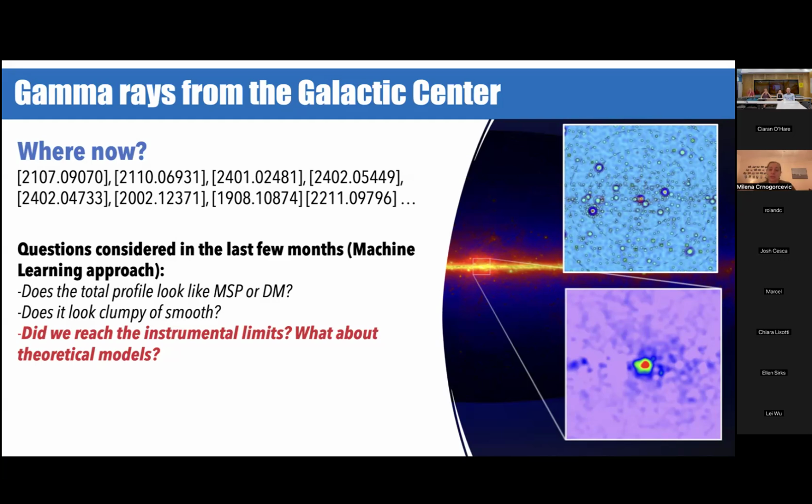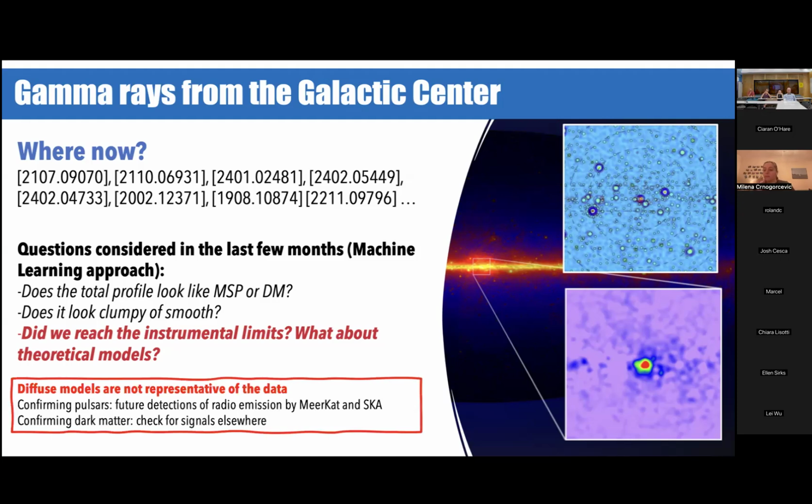So in addition to potentially reaching the instrumental limits of Fermi-LAT, we also have a really big problem when it comes to the galactic center excess, in that the major source of uncertainty comes from the modeling of the galactic diffuse background. And this is where the theoretical models and data don't match. So this is also something that has to be studied in more detail in order to be able to characterize the galactic center excess.